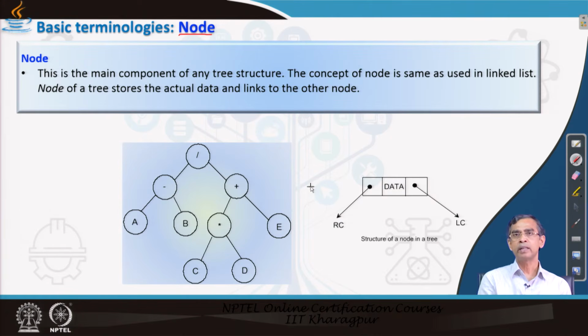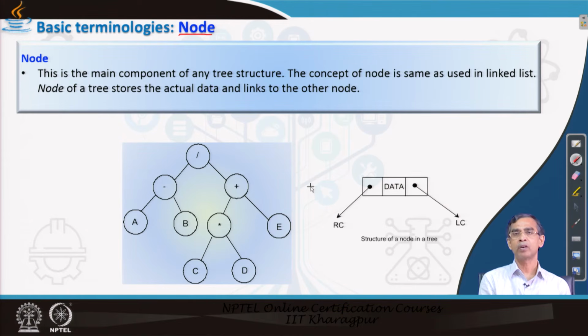So, a node for a tree, I am talking especially about a binary tree. Our discussion will be limited to it because binary tree is the ultimate tree that everybody uses, other trees do not have much significance. So, any node of a binary tree is characterized with 3 pieces of information.